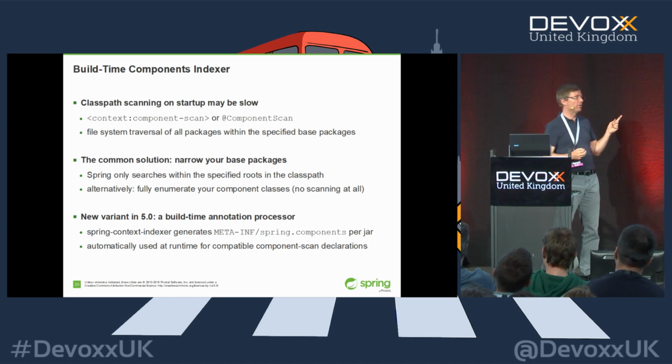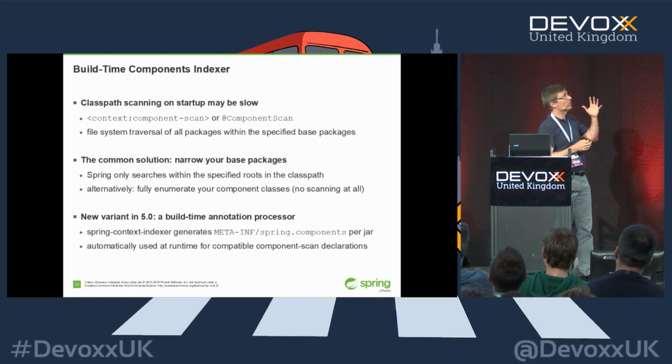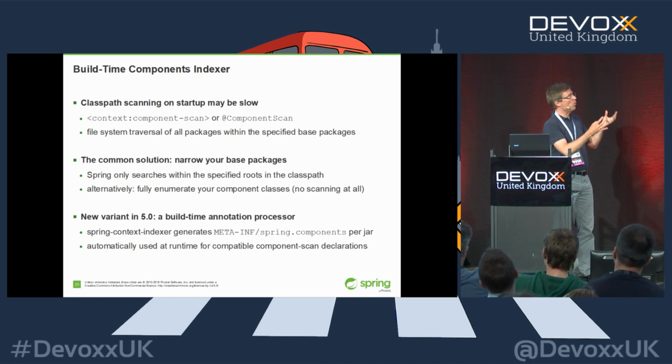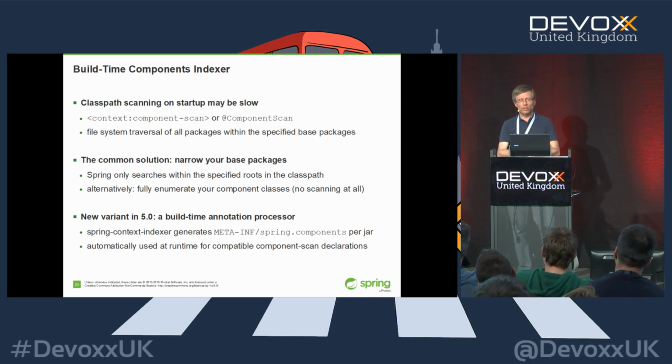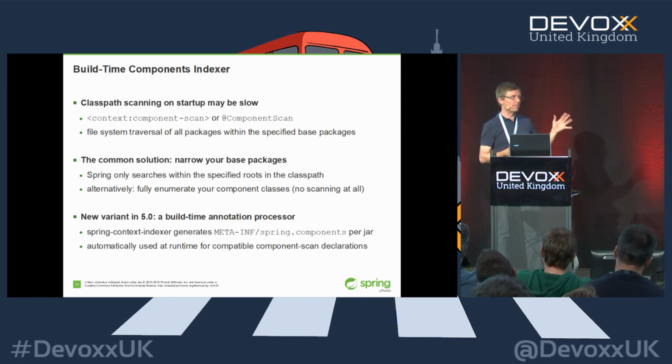This can deliver a significant benefit on environments such as Google App Engine, JVM Security Manager environments, anything where I/O access, and in particular opening a .class file, is expensive.